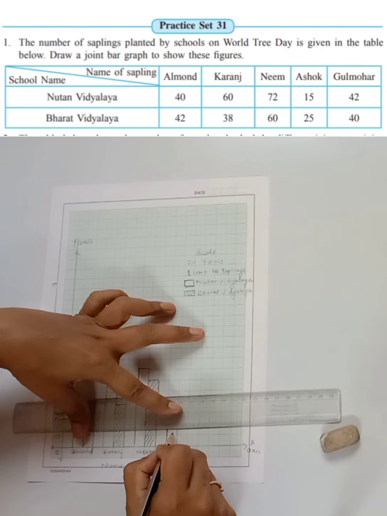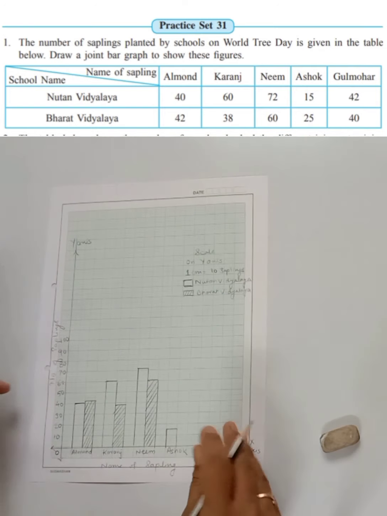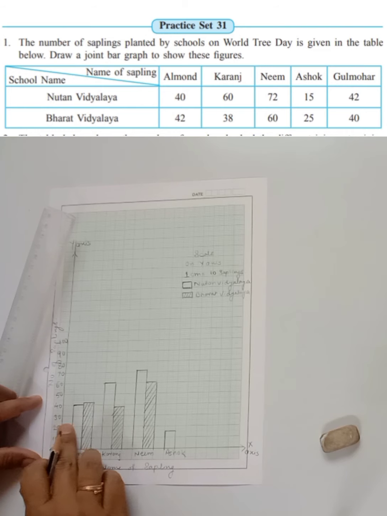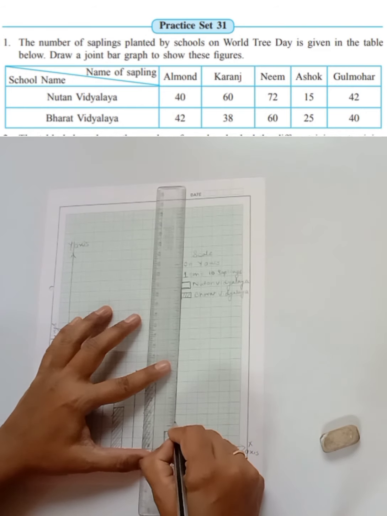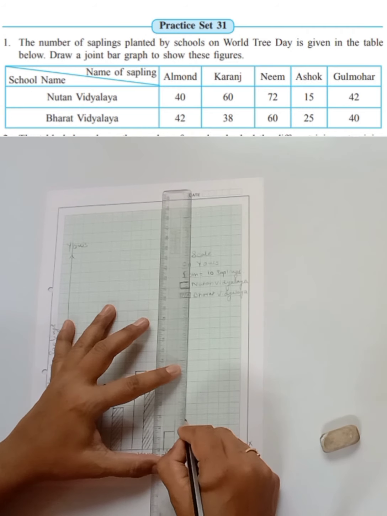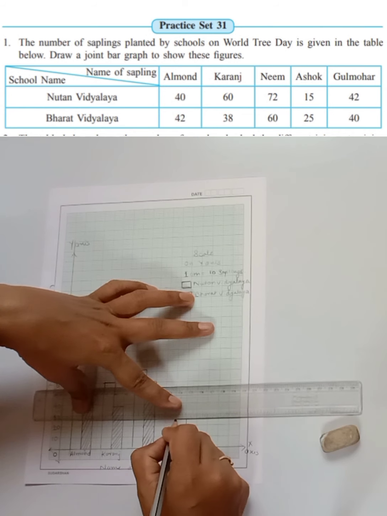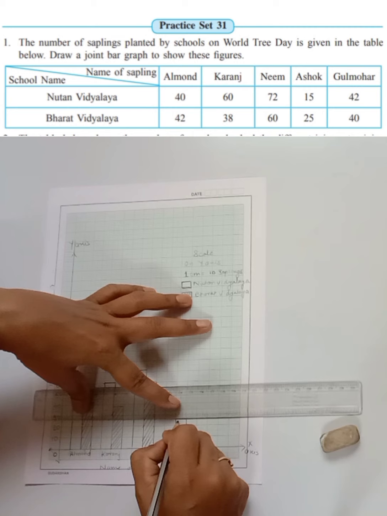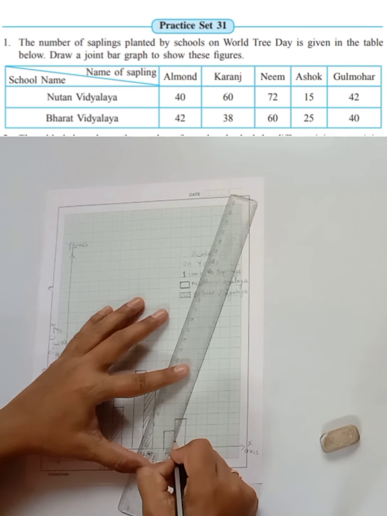Now draw this. And Bharat Vidyalaya planted 25 saplings, 0, 20, 30. So the middle line will represent 25. Okay. Draw over here. Draw such slant lines.